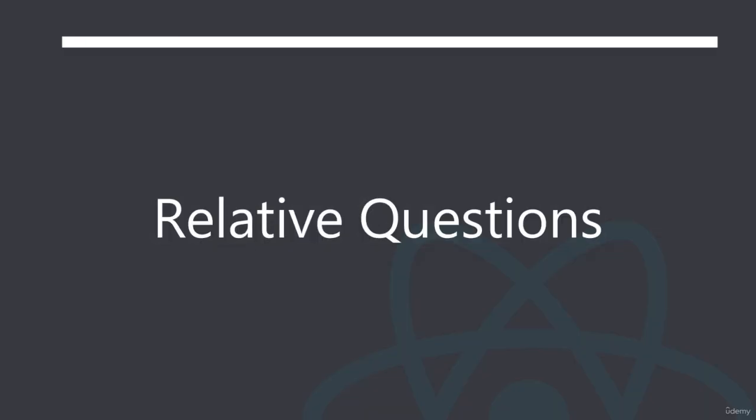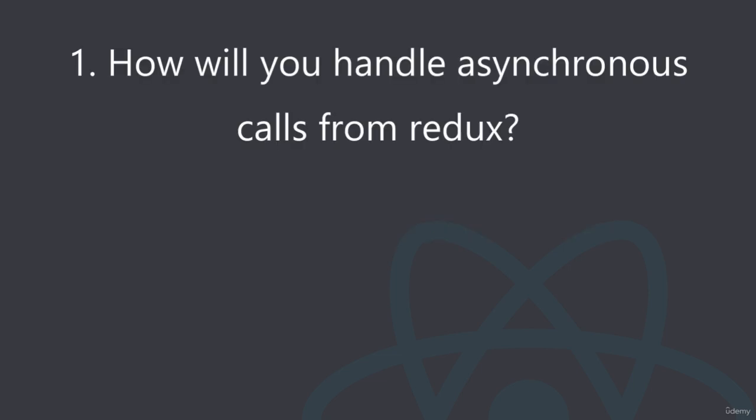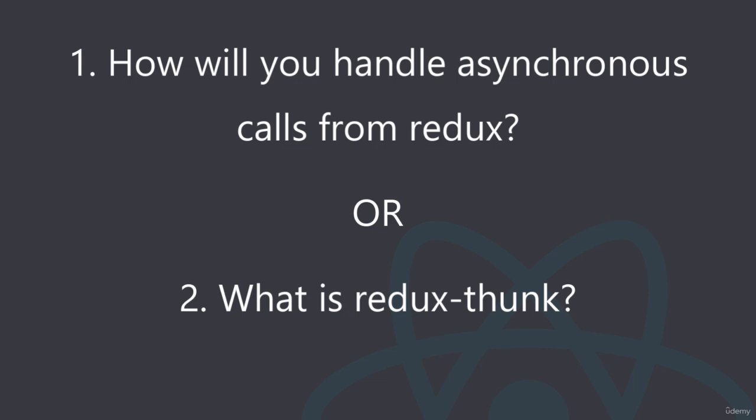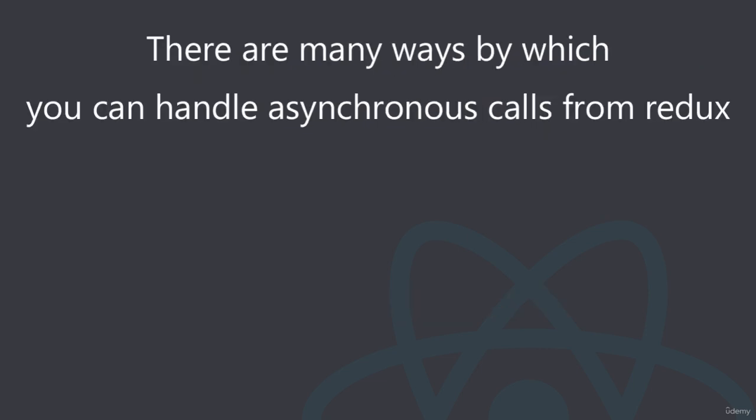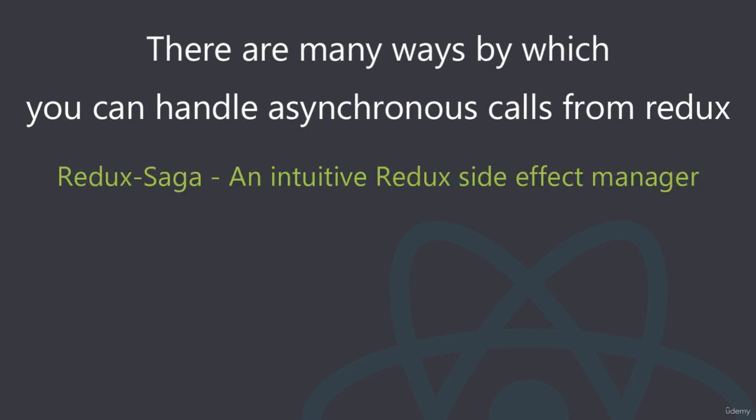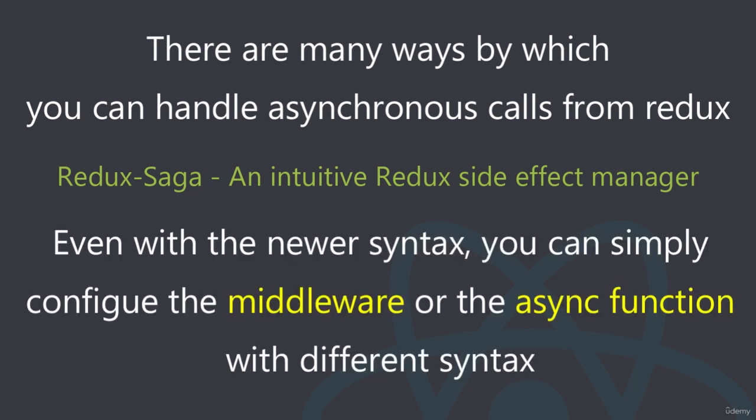So now let's talk about a few questions for this entire concept. The first question is, how will you handle asynchronous calls from Redux, or what is Redux Thunk? So basically handling the asynchronous process, I must say that there are many ways. It's not that just Redux Thunk can handle it. There is also Redux Saga that can also be used, or even with the newer syntax, you can simply configure the middleware or the async function with different syntax.